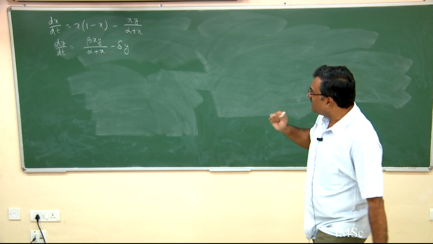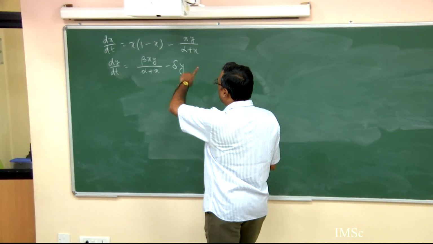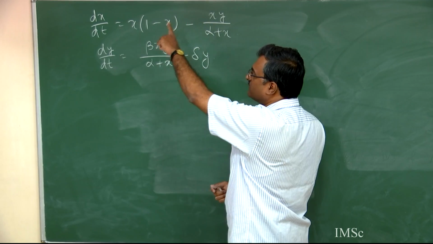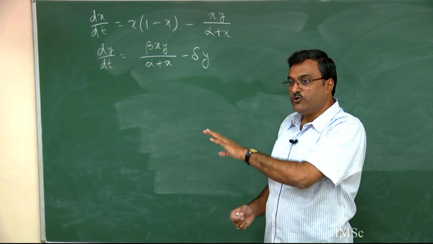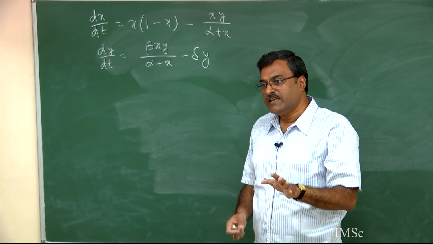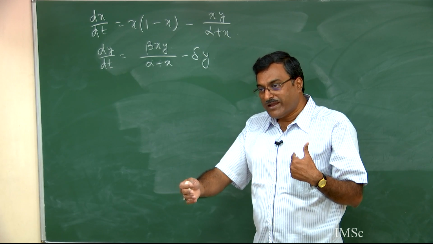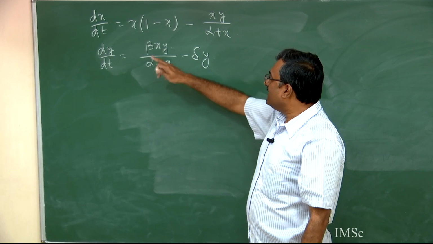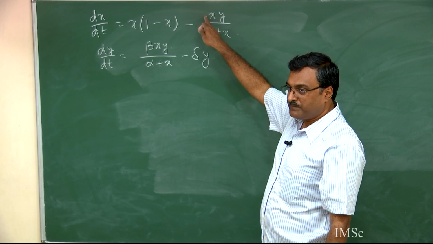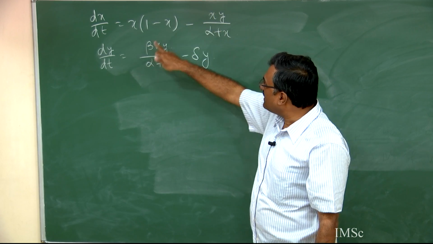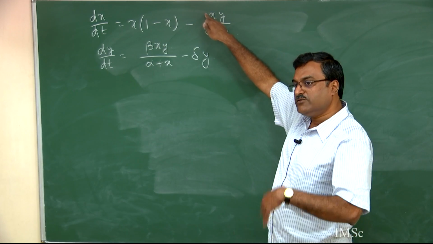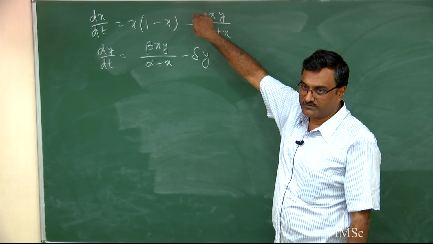Now I just want to mention that this is not the only possible form of the non-dimensionalized version. If you go through different books and different literature, you will find different types of non-dimensionalized version. Quickly I can give you one hint: instead of 1 here, you can have beta in this position also, that is another valid non-dimensionalized version.